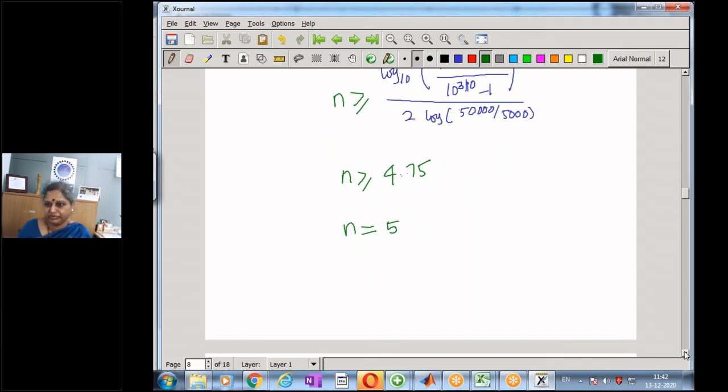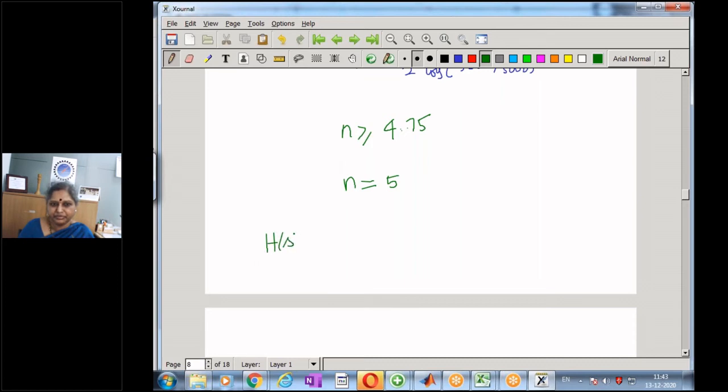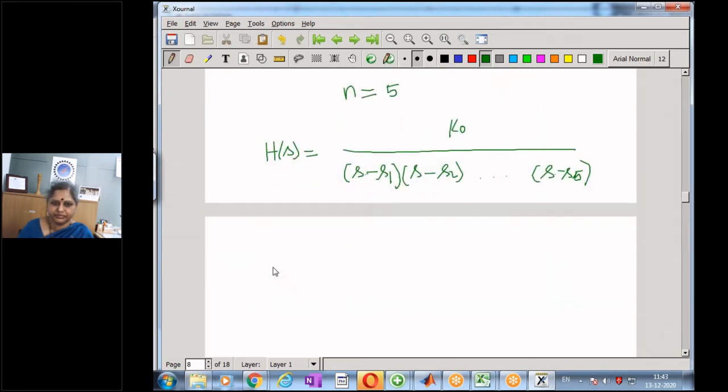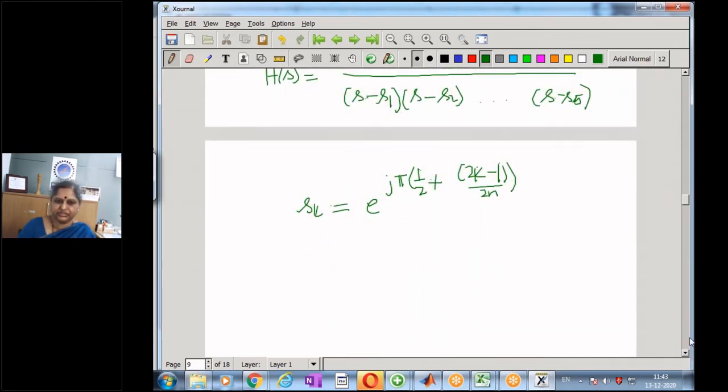So my H of s, the transfer function of my fifth order filter, is k0 divided by (s minus s1) into (s minus s2), etc., up to (s minus s5), where s of k is given by e to the power of j pi times (1 half plus (2k minus 1) by 2n). So let's try to get the transfer function H of s for the fifth order filter.